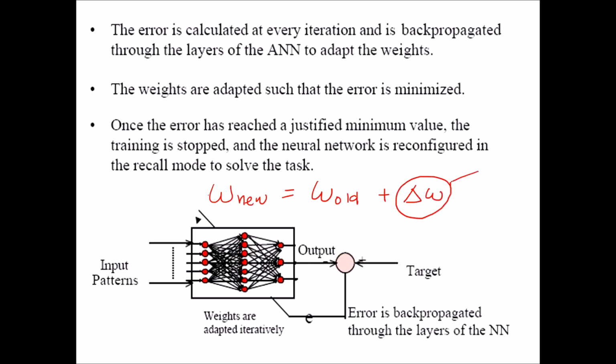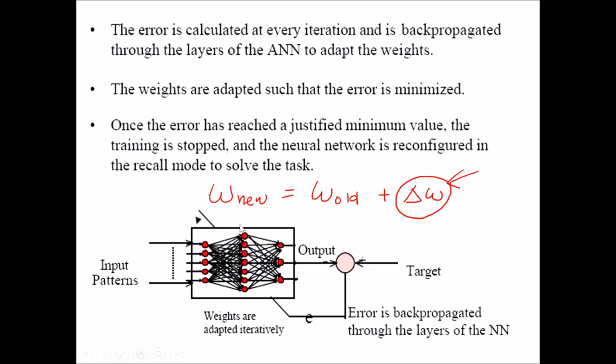In our simple neuron, we derived the delta W using many methods, Bayesian, Perceptron, and so on. For this case, we want to predict the delta W for the multilayer perceptron by using the backpropagation algorithm.